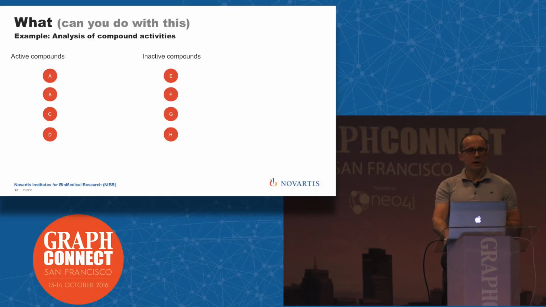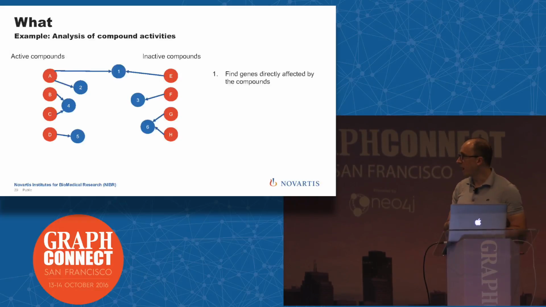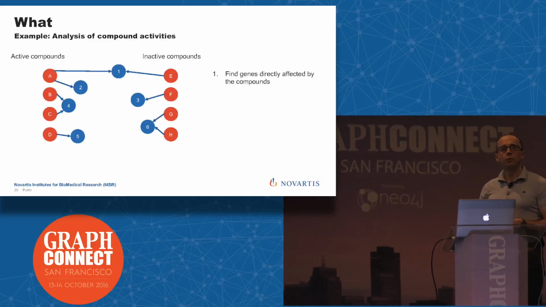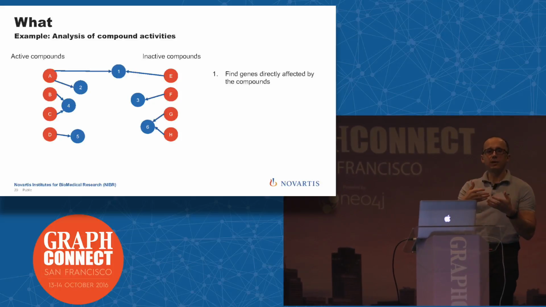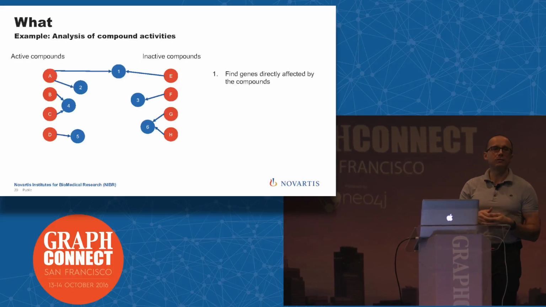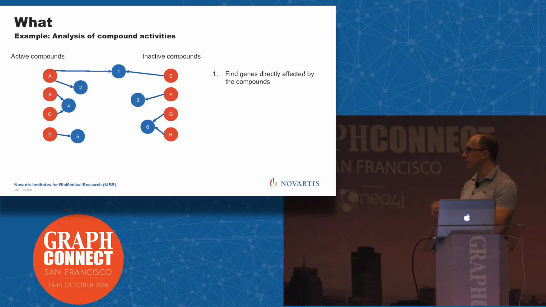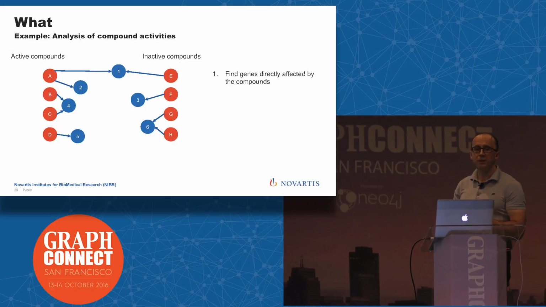And if we now want to analyze this data, what we had done in the past, and we can do this now also here just in a graph form, we can look for what are the target annotations that we have for these compounds. We call this target enrichment. We have been doing this based on relational databases, and it's hit or miss.